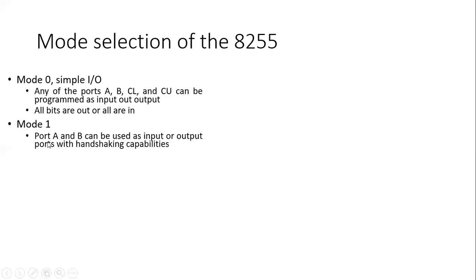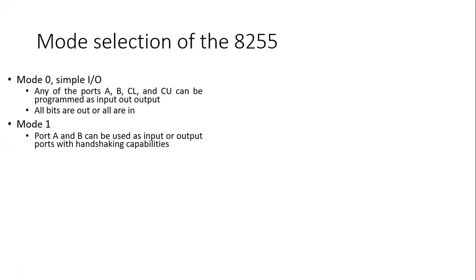Then mode 1. In mode 1, port A and port B can be used as input or output ports with handshaking capabilities. So when you connect a printer or an LCD device as a peripheral to the 8255, the 8255 can communicate with the peripheral.